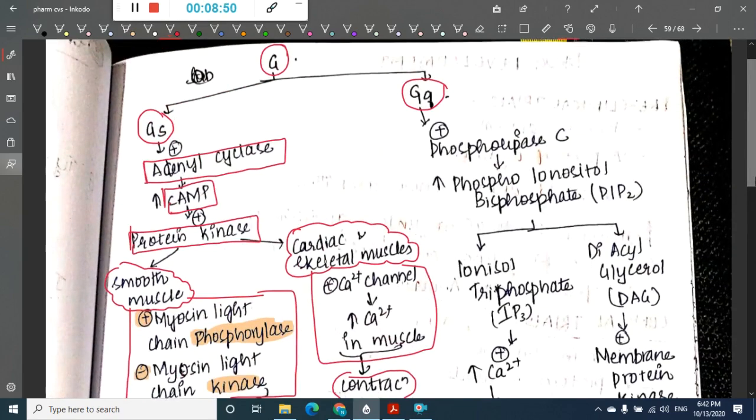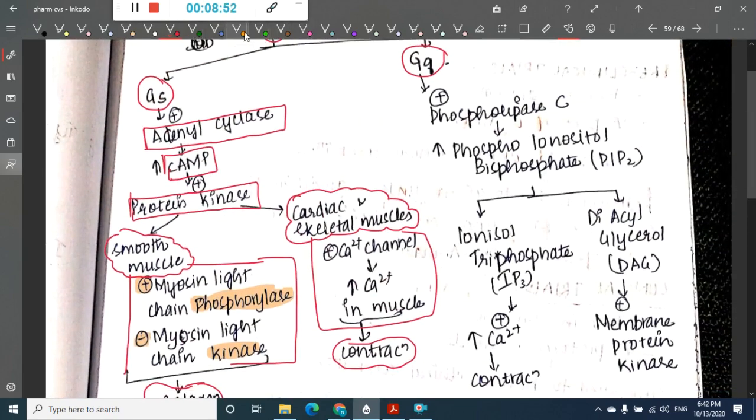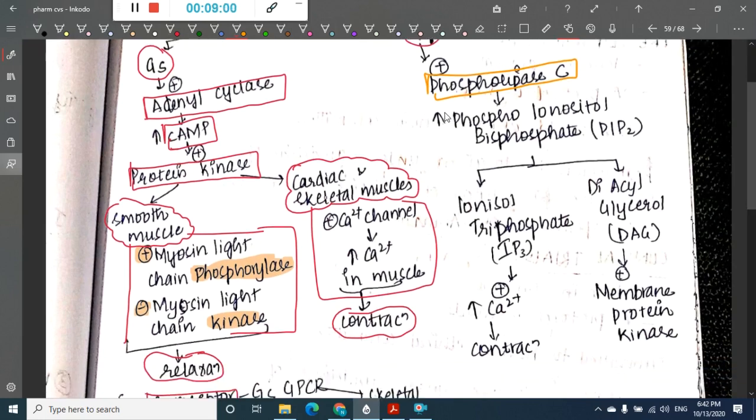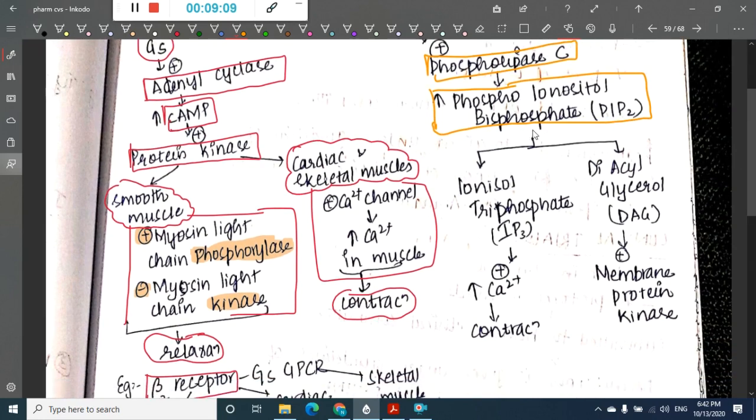Okay, next we have the GQ type of receptor. In the GQ receptor, this will activate phospholipase C. Once phospholipase C is activated, this will increase phosphoinositol bisphosphate. This phosphoinositol bisphosphate increases 2 things.